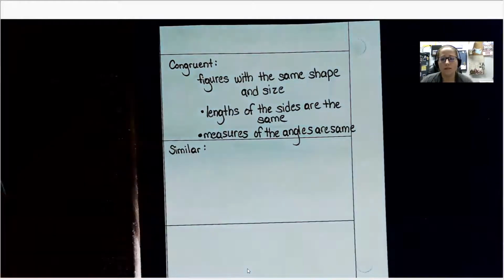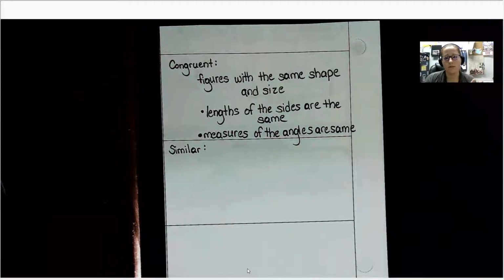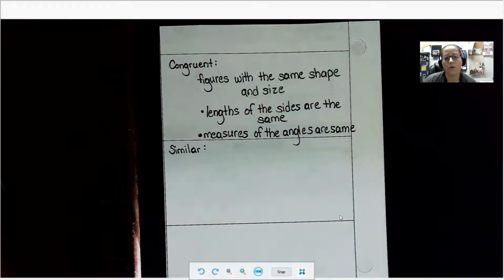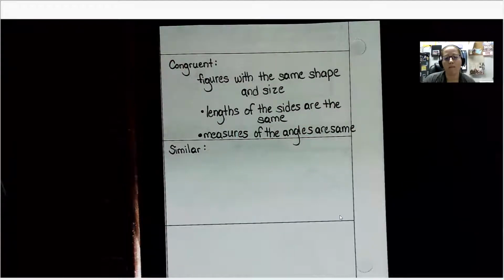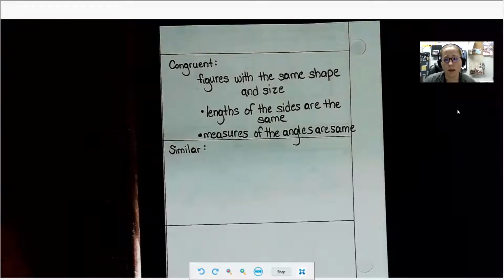In other words, the figures might have different orientations. One might be tilted, one might be reflected, but they're going to have the same size and shape, which means that the lengths of all of the sides are going to be the same, and the measures of the angles are going to be the same as well.